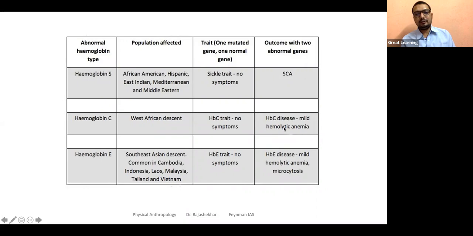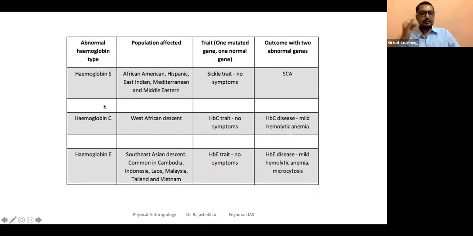It results in mild hemolytic anemia because abnormalities in it result in destruction of RBC. Hemolytic means RBCs get destroyed. That is why anemia happens. It is not a problem of generation of RBC, but destruction of RBC is very, very high, so RBC levels go down. This could happen because a mutation leads to the hemoglobin C variety.